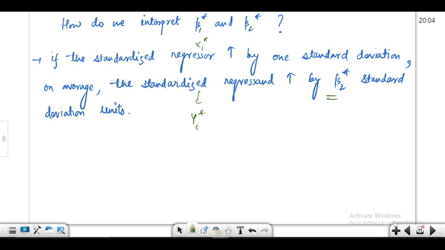This method helps us get around the situation where the units affect the interpretation of my regression coefficient.